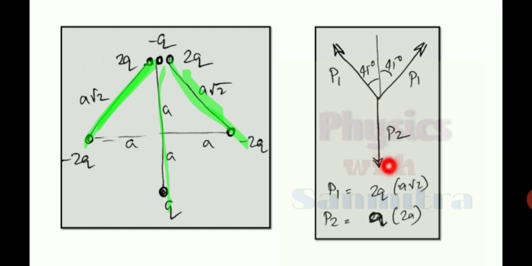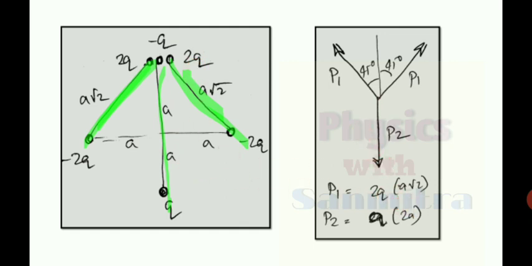This is P2. So what is P1? P1 is minus 2Q into 2Q, or rather 2Q into A root 2 if I just show the magnitude, charge into distance between the two particles. Now P2 is minus Q and Q, distance 2A, so Q into 2A.